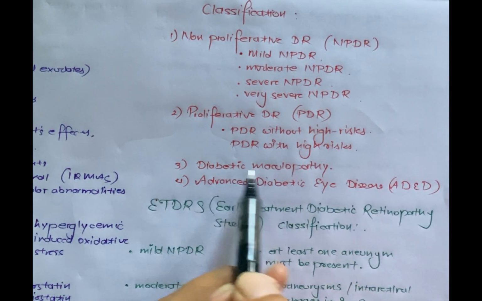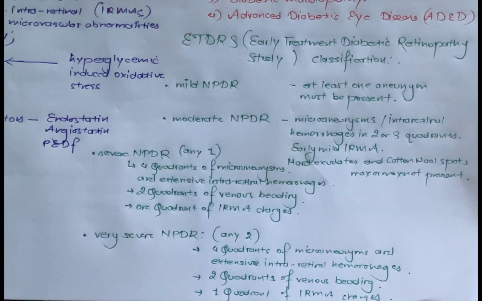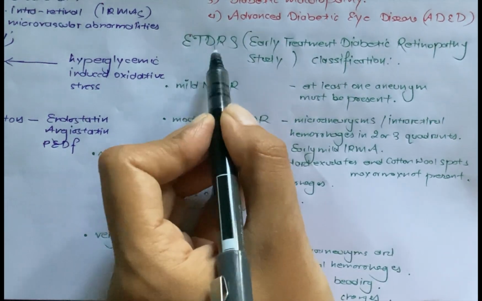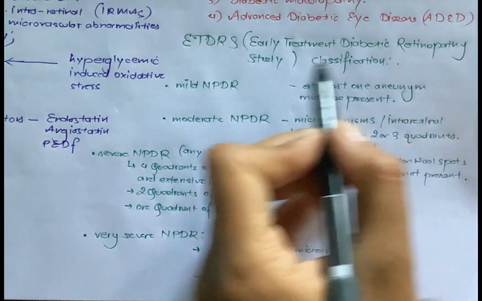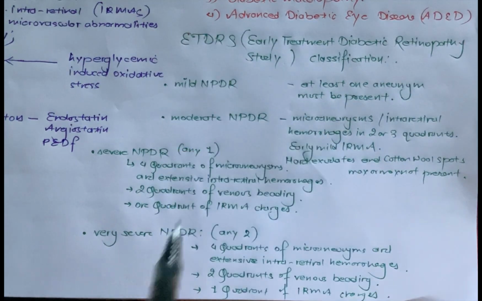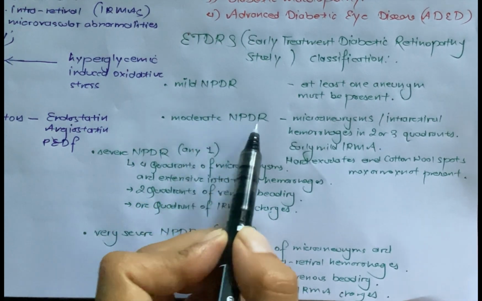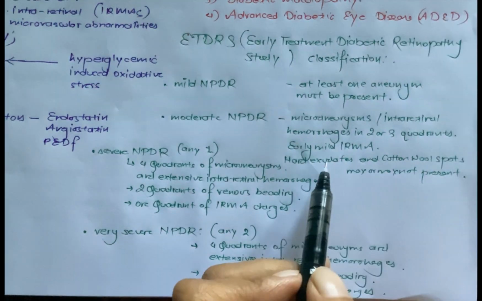And there is diabetic maculopathy and advanced diabetic eye disease. The most important classification of diabetic retinopathy is the ETDRS classification, that is Early Treatment Diabetic Retinopathy Study. And it is classified as mild NPDR, moderate NPDR, severe NPDR and very severe NPDR.